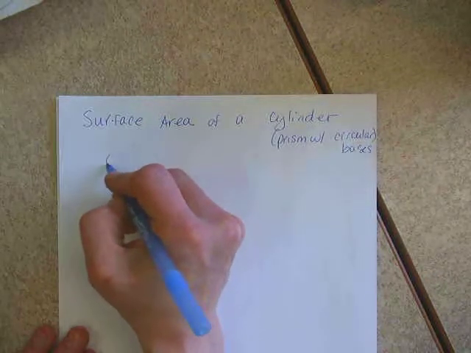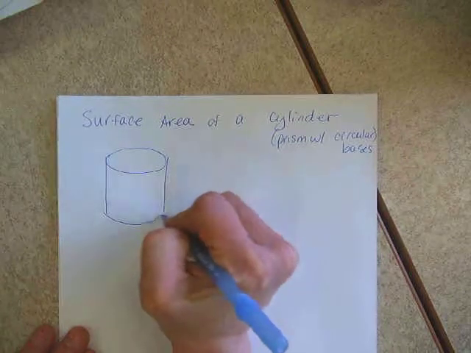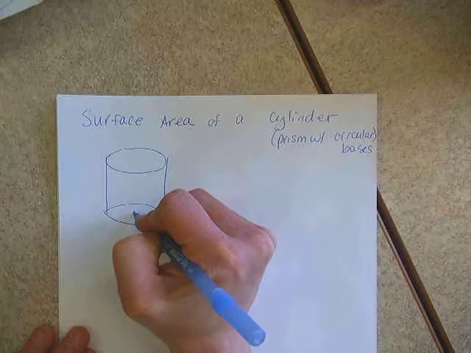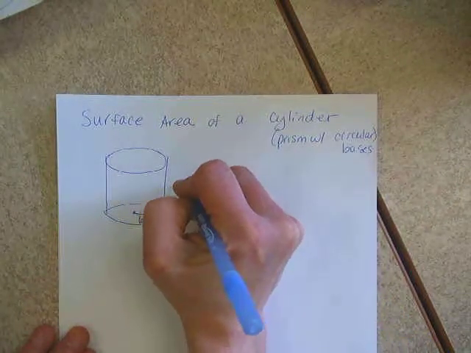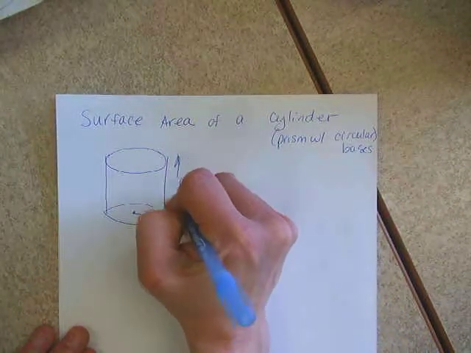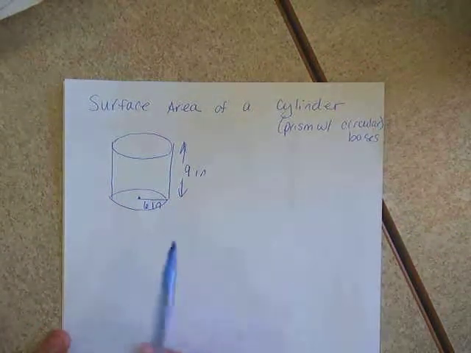A cylinder is basically a prism with circular bases. Okay. Has the same properties and thankfully the same general formula.